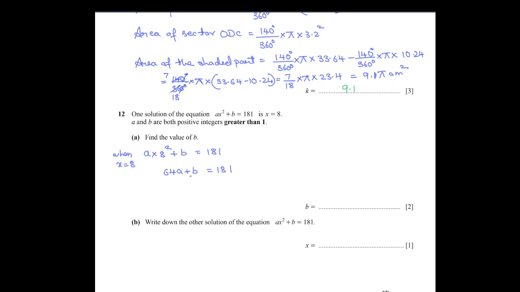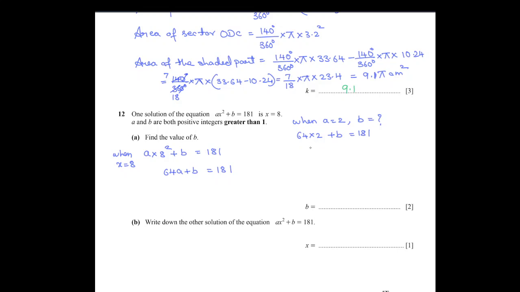So b is equal to, you need to take the values of a or b which is greater than 1, right? So let us take a as 2. So when a is equal to 2, then b will be, what is b? We'll find out. So 64 into 2 plus b is equal to 181.